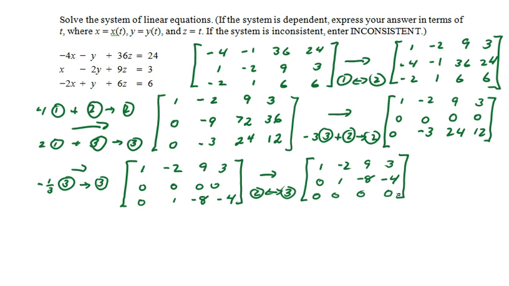This tells us there's going to be an infinite number of solutions. And first of all, we'll write the first two rows in terms of x, y, and z. So we have x minus 2y plus 9z equals 3, and y minus 8z equals negative 4.